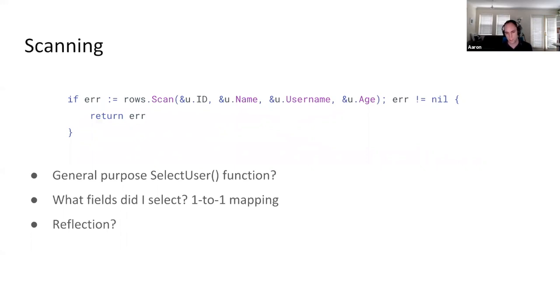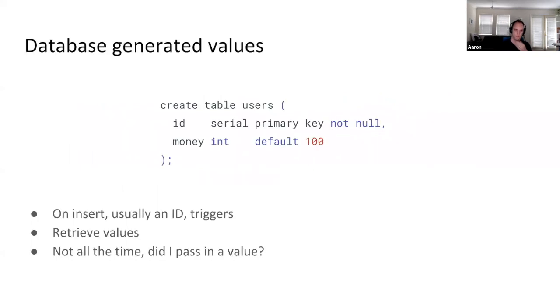What this means is that the Go standard library doesn't accept fewer or more pointers than you're supposed to be getting out of the database. It's a one-to-one mapping between columns and pointers. So the only natural answer is reflection. So now you have to write reflect code just to be able to get this list correct for a general purpose select user function. That's also kind of ugly.